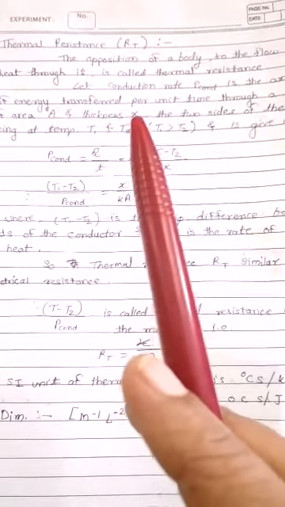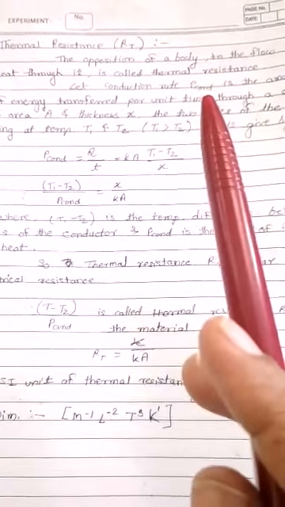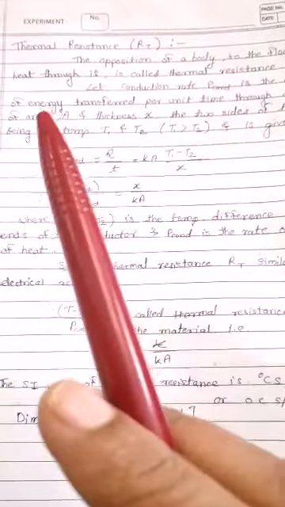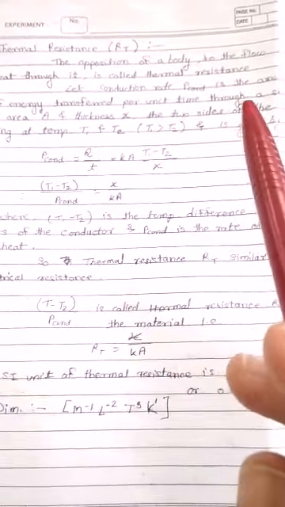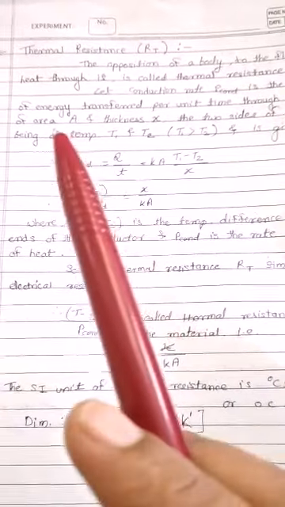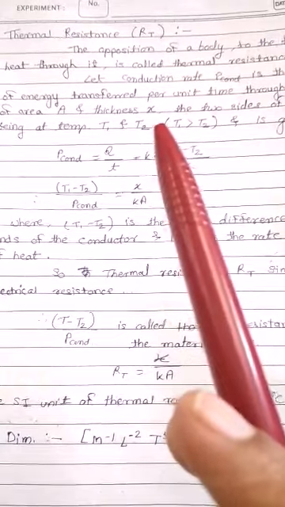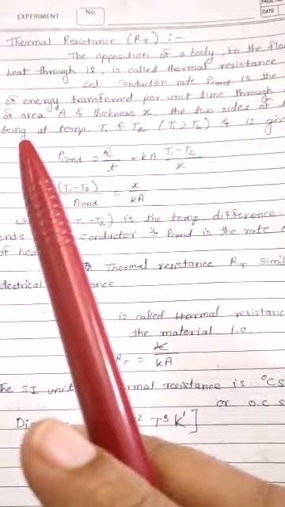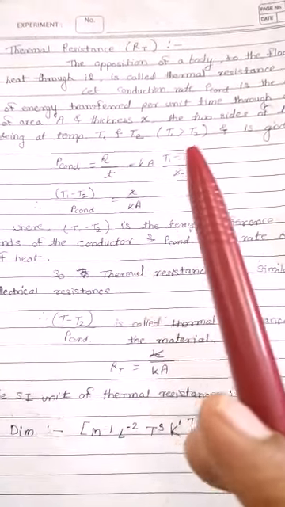Let the conduction rate P conduction be the amount of energy transferred per unit time through a slab of area A and thickness X, the two sides of the slab being at temperatures T1 and T2, where T1 is greater than T2.